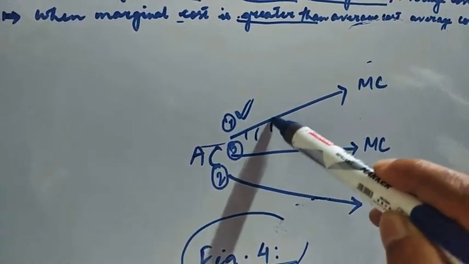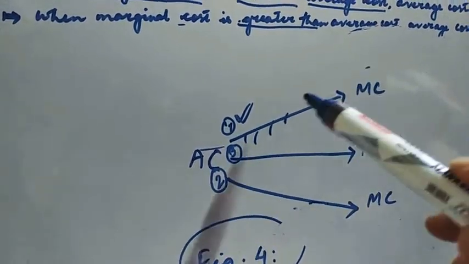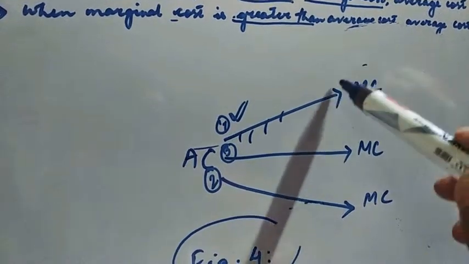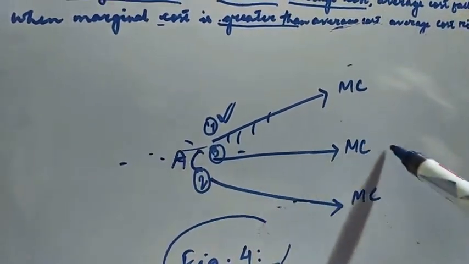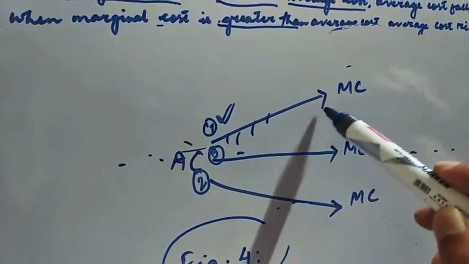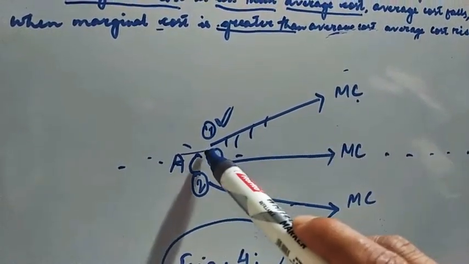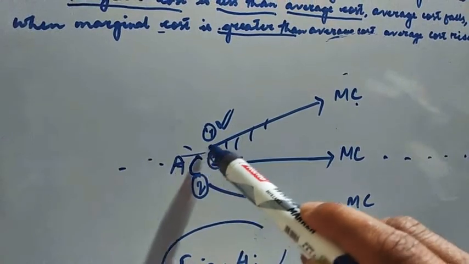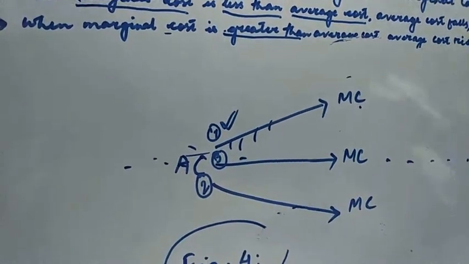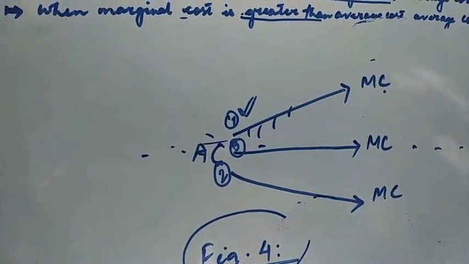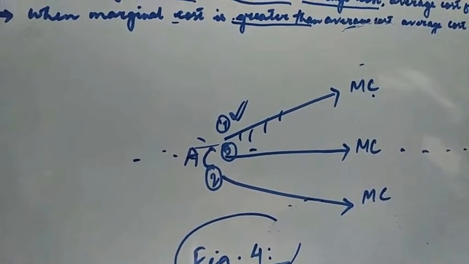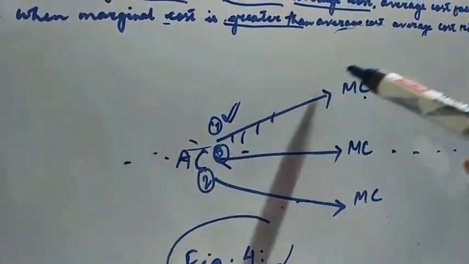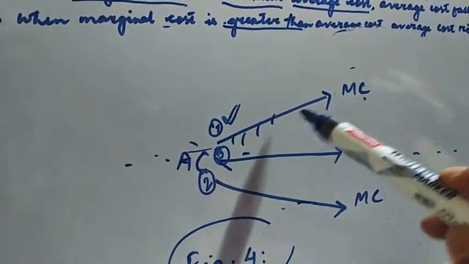When marginal cost is above the average cost, we see that average cost rises, or this AC is rising upward towards MC.